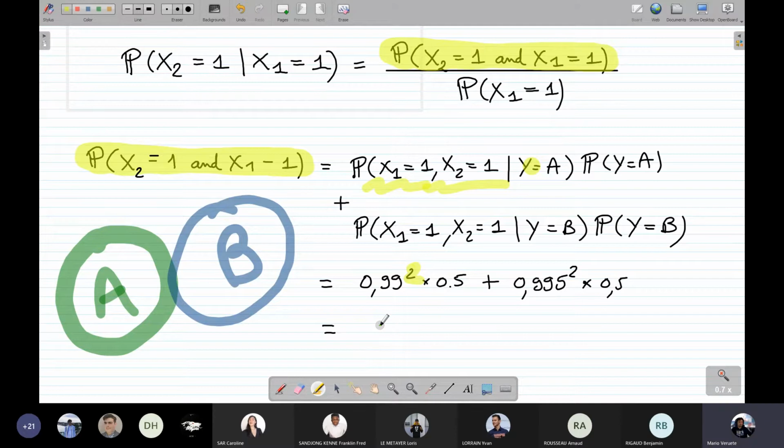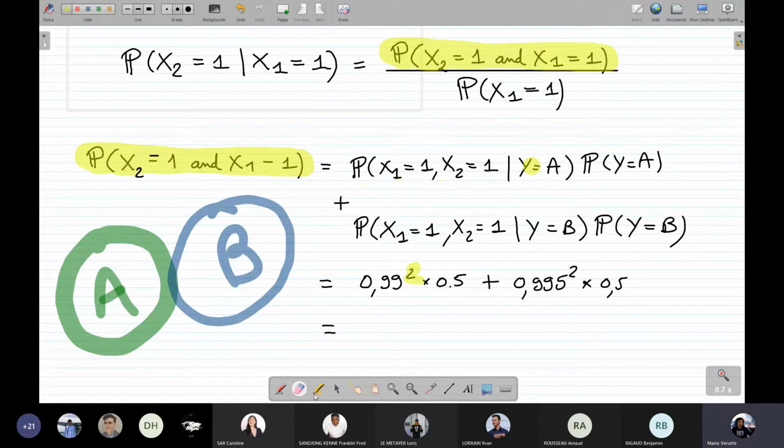Is it clear? Is it the square that you don't understand, or the number 0.99? It's the square, because if I remove one, the first probability is 0.99, but the second is not 0.99.